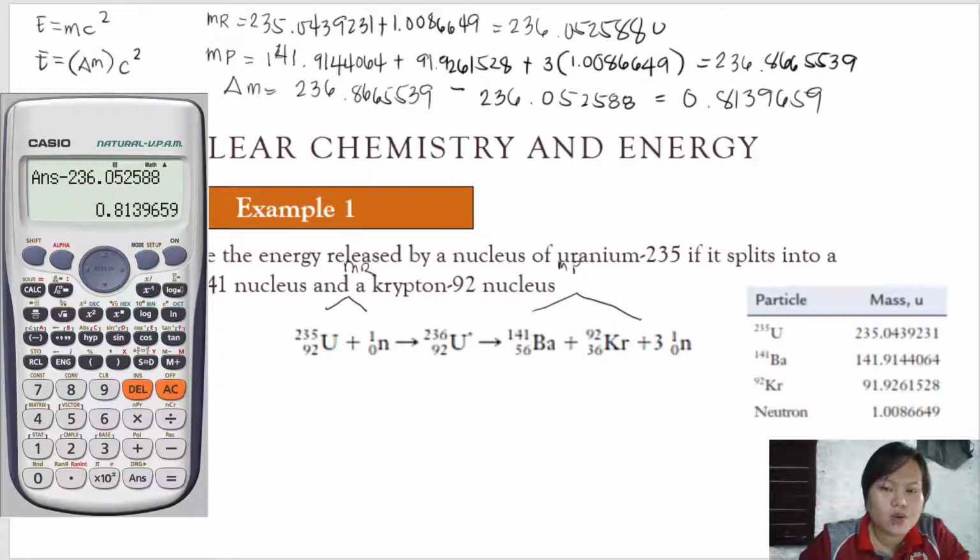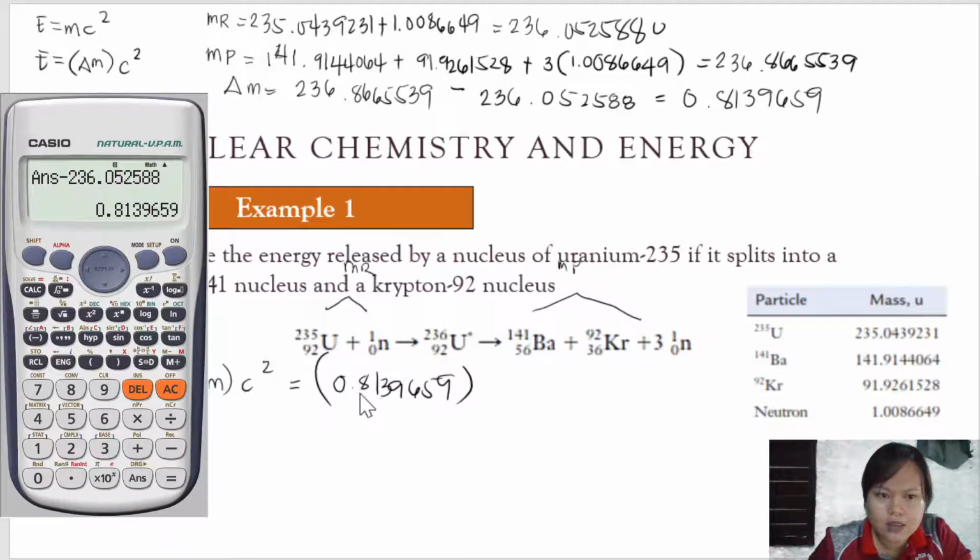Using the formula E is equal to delta M c squared, our delta M is 0.81399659, multiplied by, okay, so this is in U.